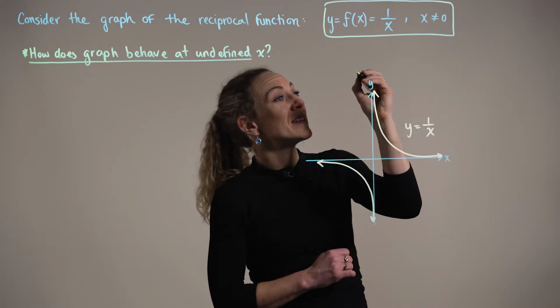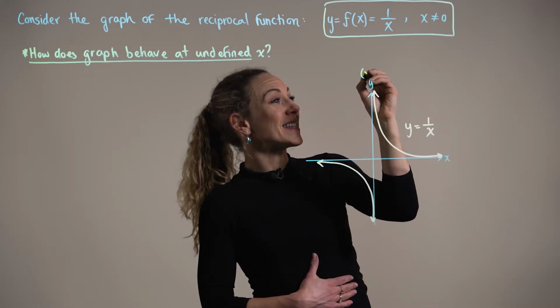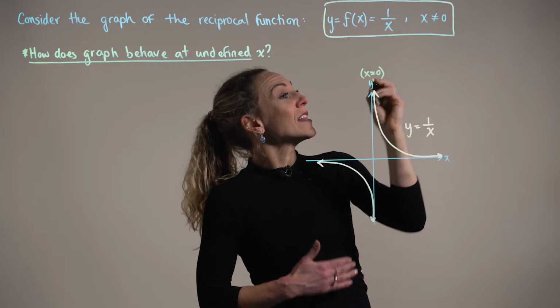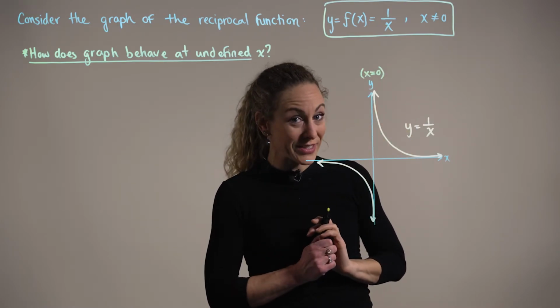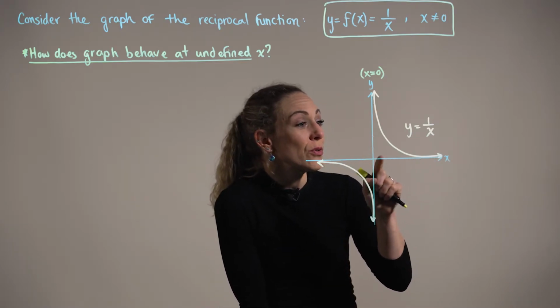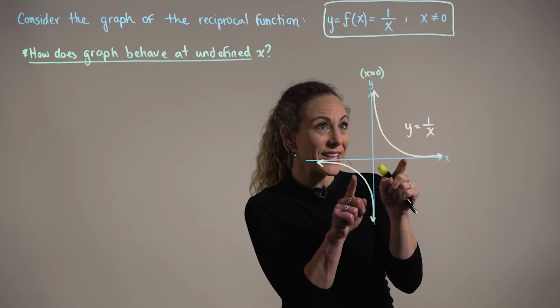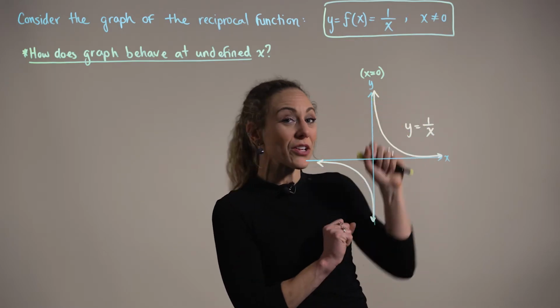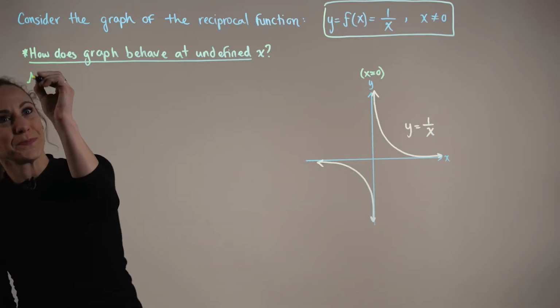Notice the y-axis in this case is representing the vertical line x equals 0. And observe here, as x is approaching 0 from both sides, the graph is going to get infinitely close but never cross.